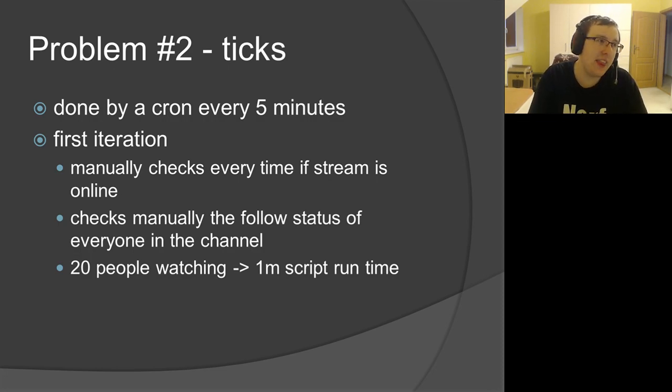There was no webhook back then, so I had to do it manually. It resulted in 20 people on the channel taking 1 minute to complete the script. So essentially, the tick was 1 minute long just to process 20 people.